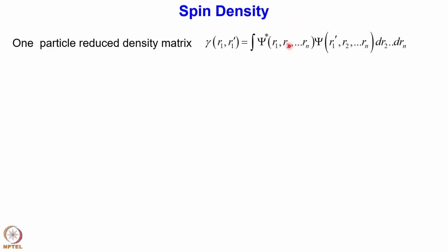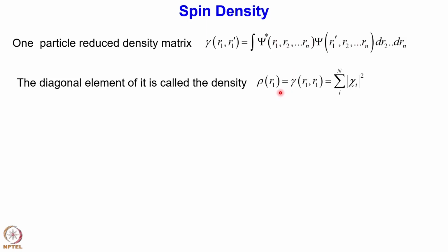If I multiply this wave function by its conjugate and integrate over every other coordinate except the first one, that leads to the one particle reduced density matrix, denoted by gamma. If I take the diagonal element of this gamma, so if I put R1 dash equal to R, that is called the density, and the density can also be represented by summing over the orbitals like this.